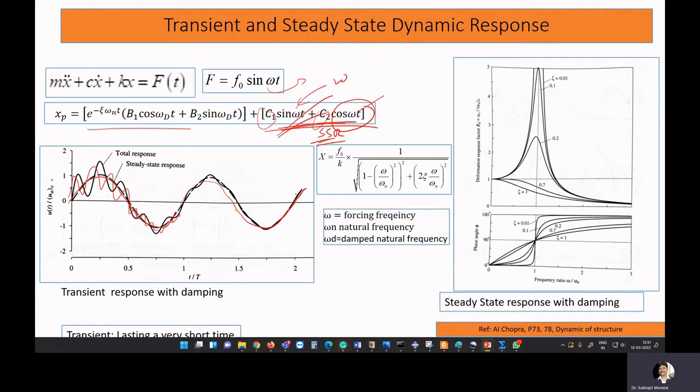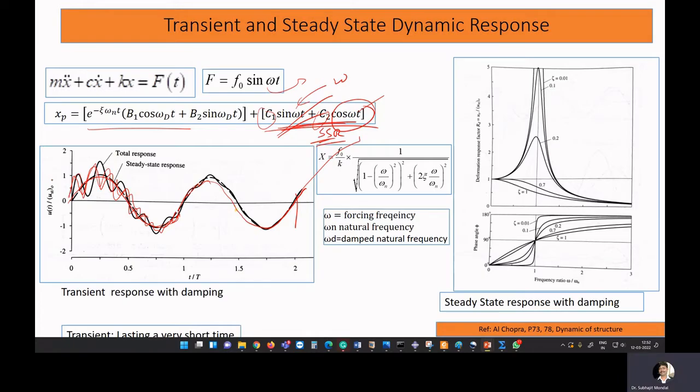Basically, after some time our total response of the system becomes a function of the forcing frequency. So the response in the initial portion, which stays for a shorter duration, is your transient response.